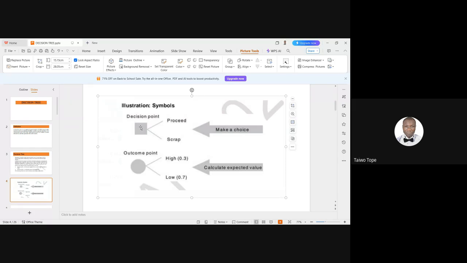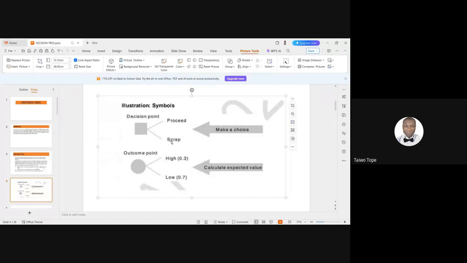You can see from these symbols, decision points, either for you to launch a business or to sell a product, you have a choice to proceed or to scrap. Maybe you are into a business already and you see that this business is not giving you the expected profit.